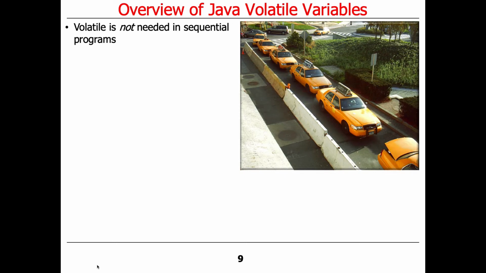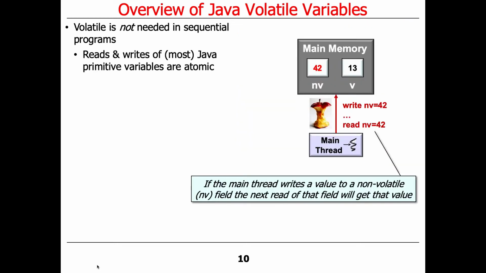If you're writing a sequential program, then volatile is simply not needed at all. Reads and writes of most Java primitives like ints, shorts, chars, and so on are already defined to be atomic. However, for certain types, in particular longs, it's not guaranteed to be atomic.